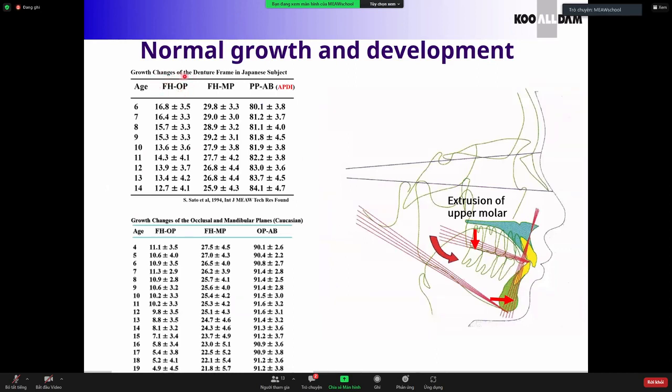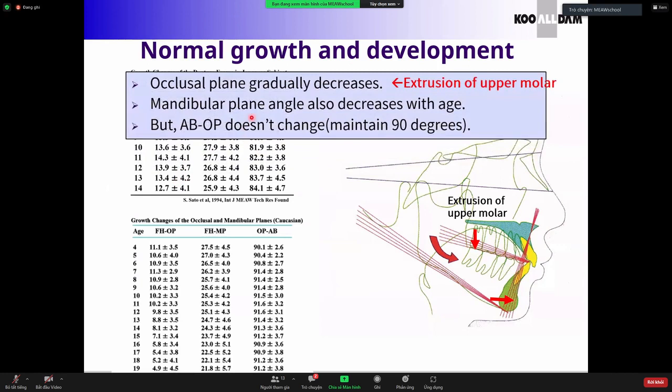This is the FH and occlusal plane angle, FH mandibular plane angle. So during normal growth and development, with extrusion of the upper molar, this value is lower. This means flat. So the occlusal plane gradually decreases due to the extrusion of the upper molar.